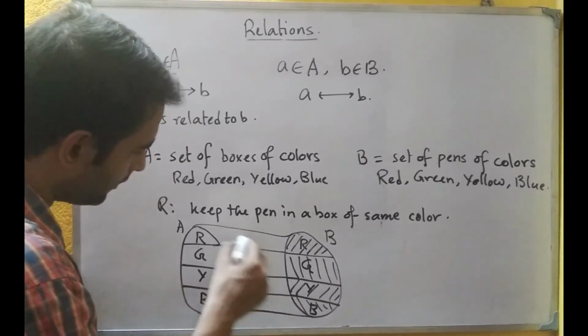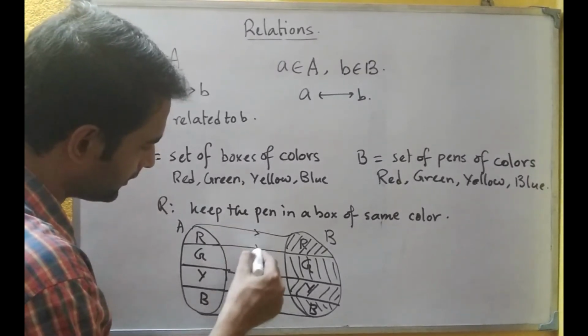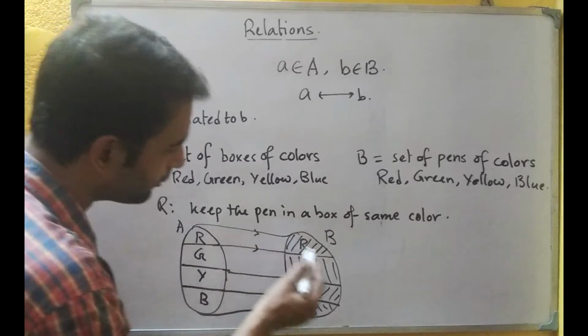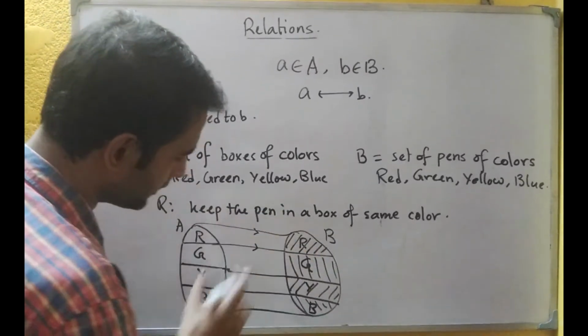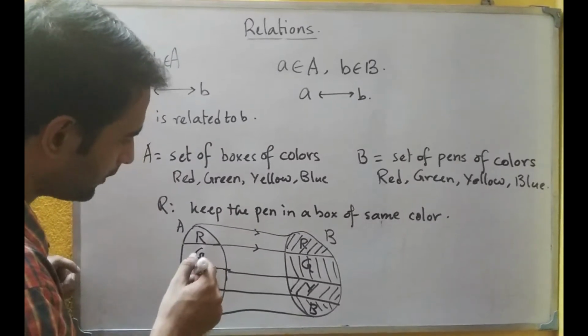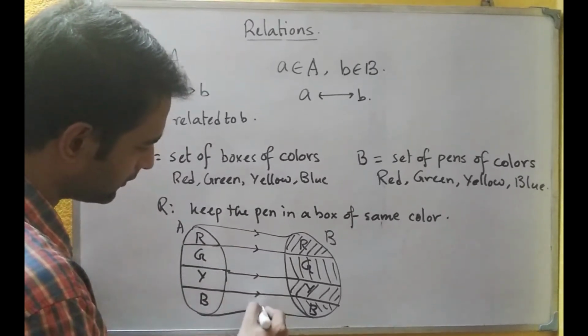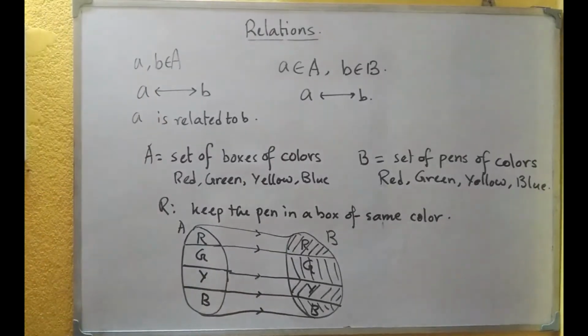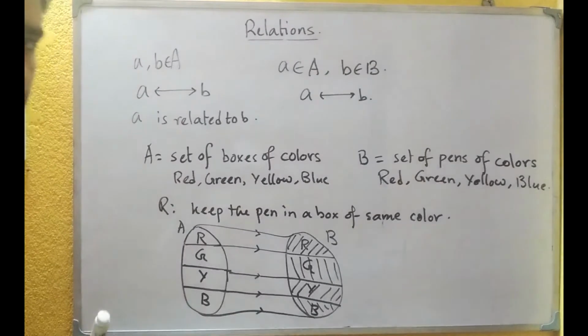So in this way we can define the relation. That means this region will be related to this region. So we are linking this box with this region. In this way we can link all the elements. So this is another example of defining a relation between two sets.